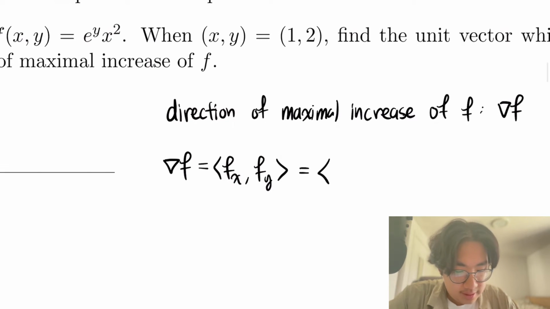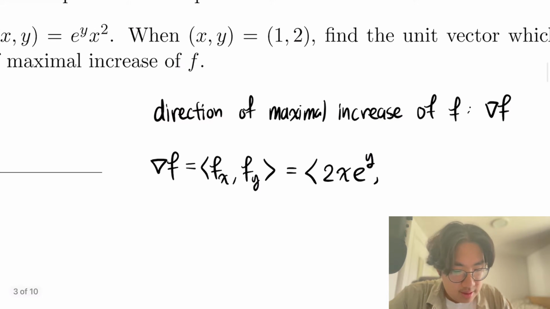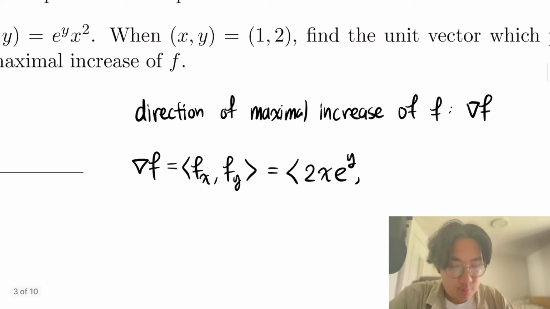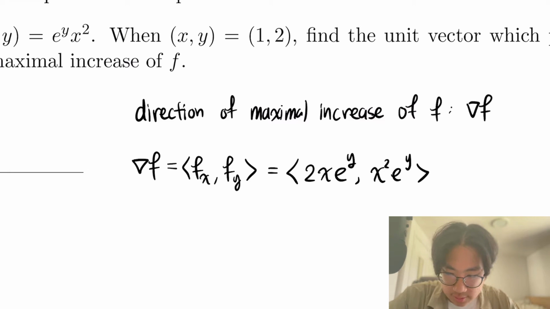For f sub x, x is a variable, e to the y we can treat as a constant, so this is just 2x e to the y. And then f sub y, y is a variable, the derivative of e to the y is just e to the y, so just x squared e to the y.